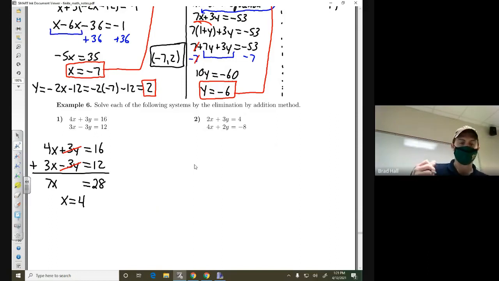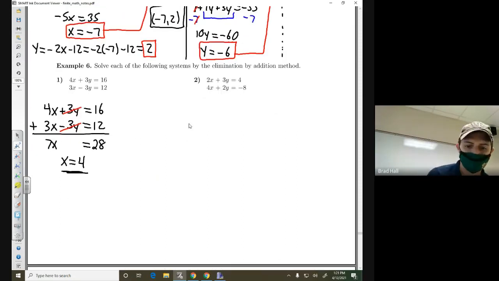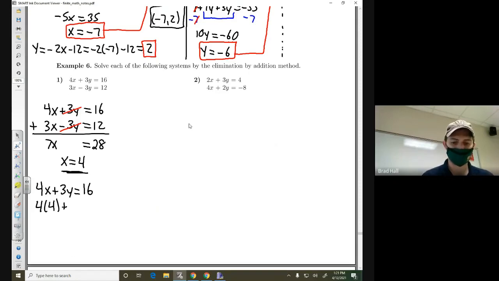But we need a y value as well. We have just an x, so we need to plug this into really either equation. I'll pick the top one. They both seem pretty much the same. So I'll pick the first equation, 4x plus 3y is equal to 16. That's the top equation. I'm just going to plug in 4 for x. It doesn't matter which one you pick.